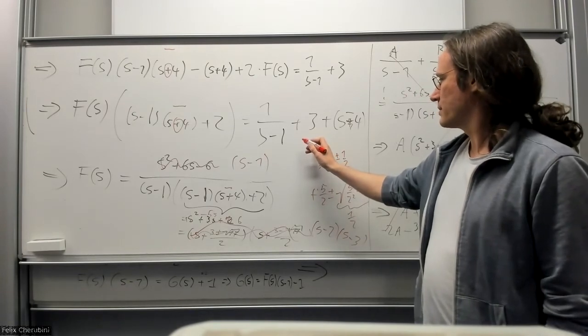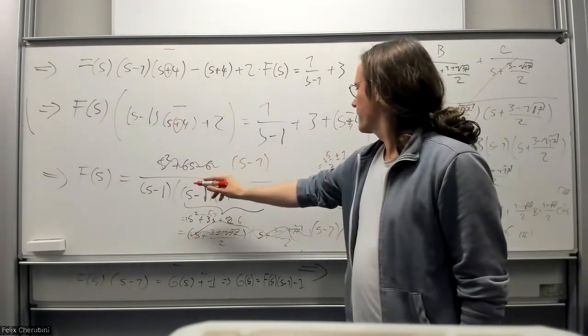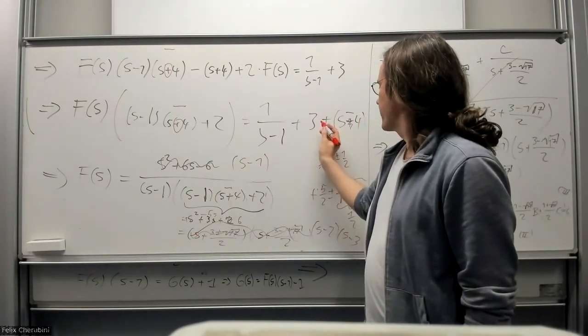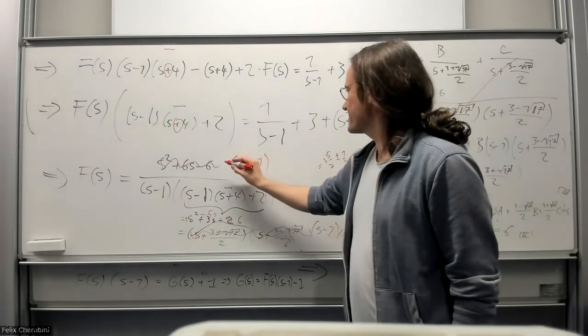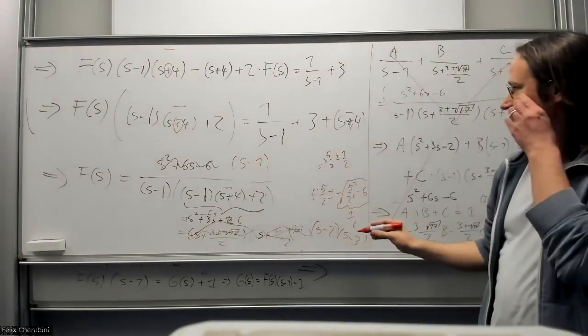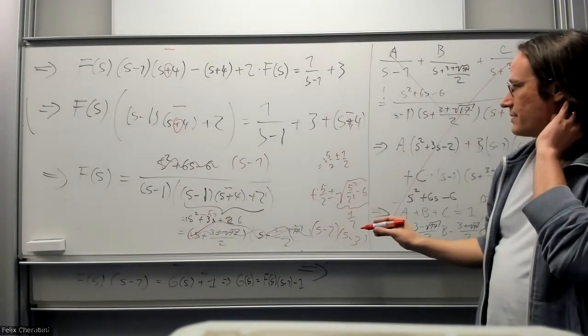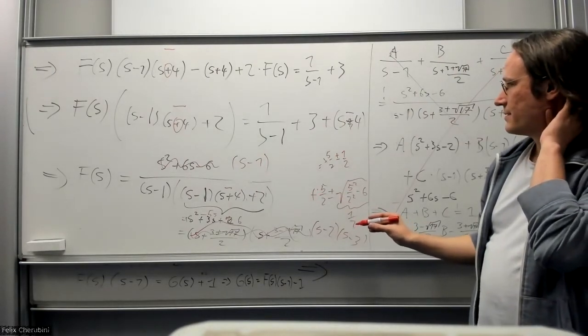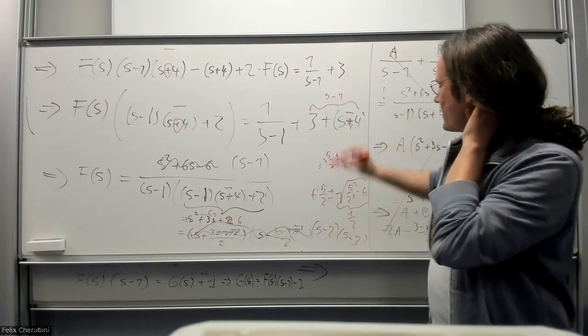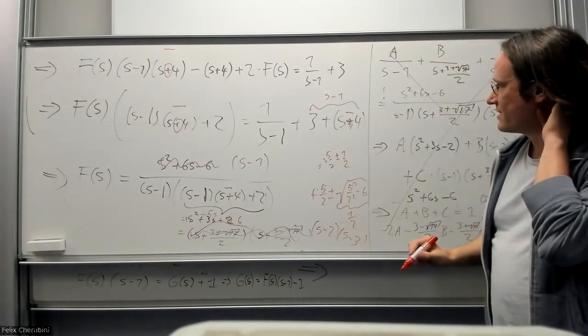So the right hand side is 1 over s minus 1 plus s minus 1. So this is s minus 1. Yep, exactly.